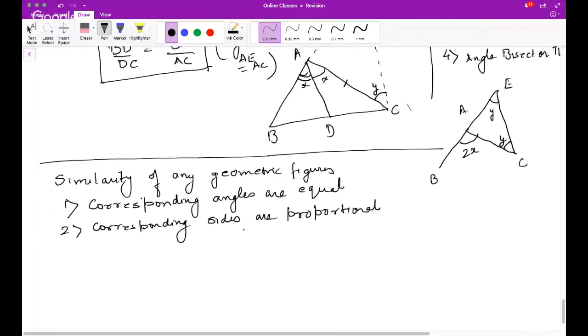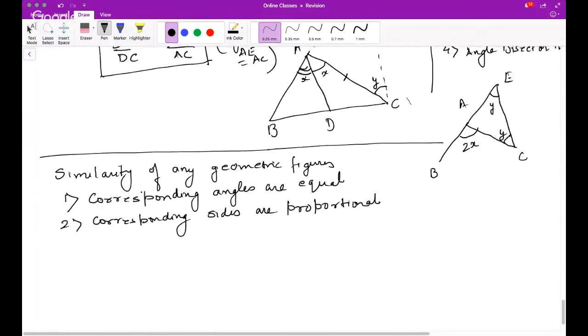Okay. Now coming back to similarity. Similarity of any geometric figure requires two criteria to be fulfilled: corresponding angles are equal and corresponding sides are proportional. For triangles, you do not need to check everything. In two triangles, there are 6 elements: 3 angles and 3 sides.